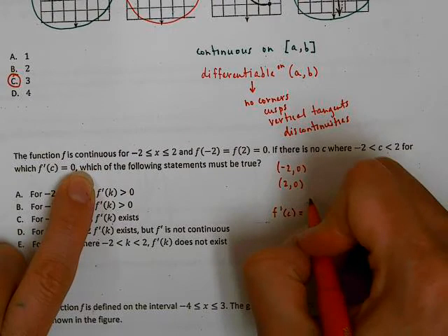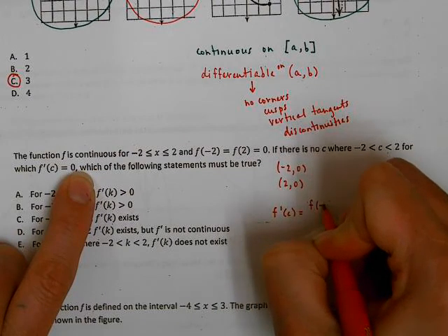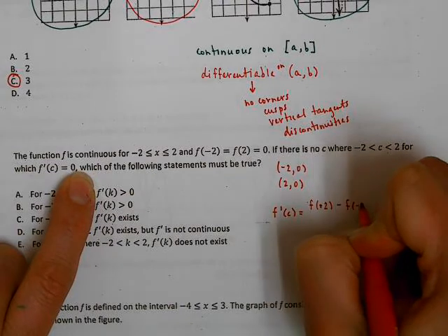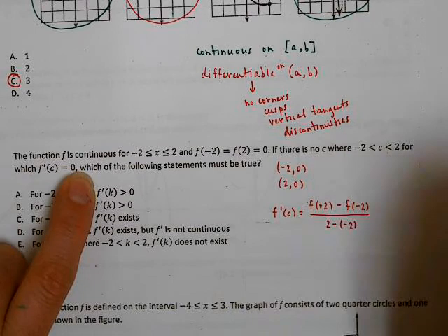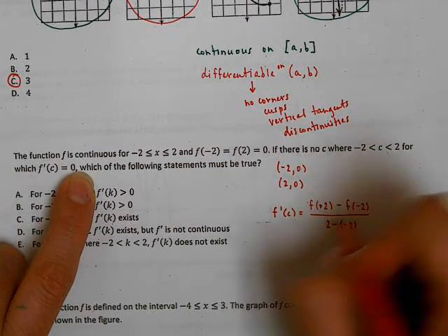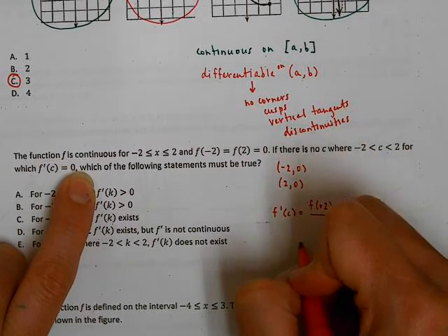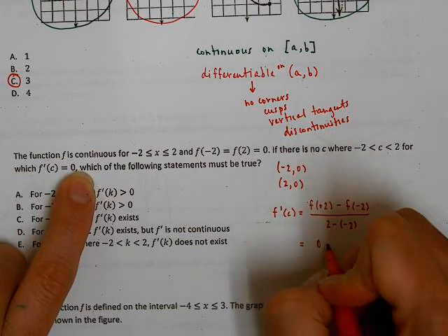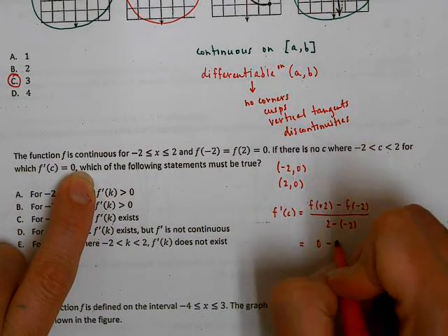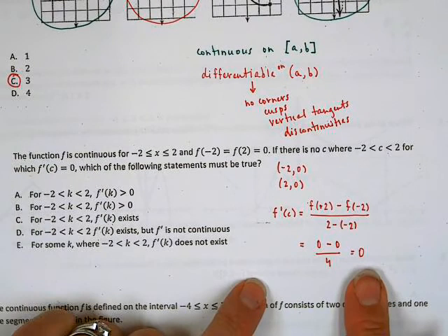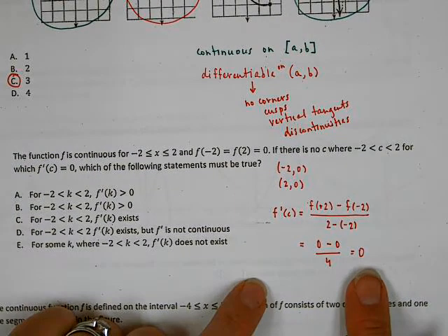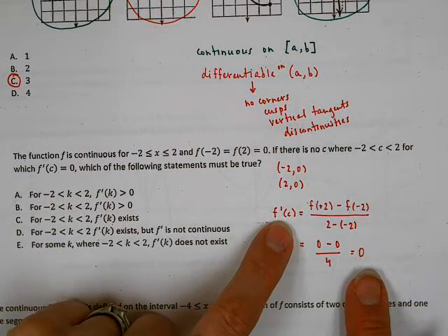So I could do f of 2 minus f of negative 2 over 2 minus negative 2. So that would give me f of 2 we know is 0, f of negative 2 is 0, over 4. So by the mean value theorem, if the conditions were true, it would mean there is a c for which f prime of c equals 0.